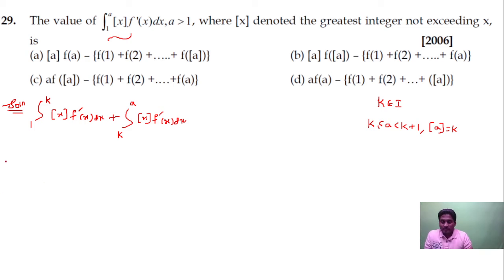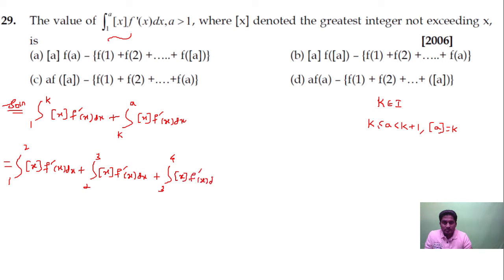Now since k is an integer, 1 to k can be written by taking all the integral points: integral 1 to 2 of floor x f dash of x dx, plus integral 2 to 3 of floor x f dash of x dx, then 3 to 4 of floor x f dash of x dx, and so on.